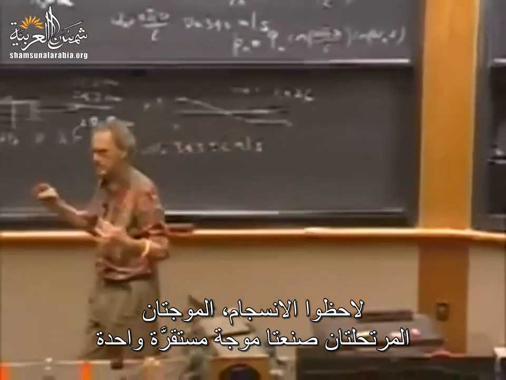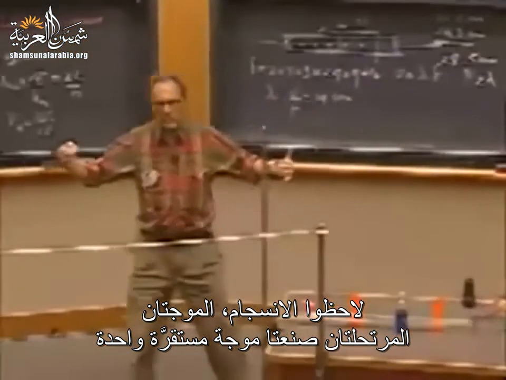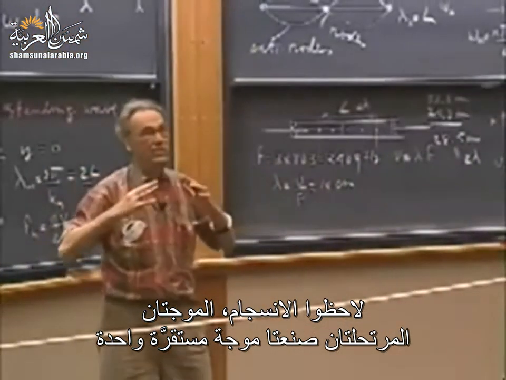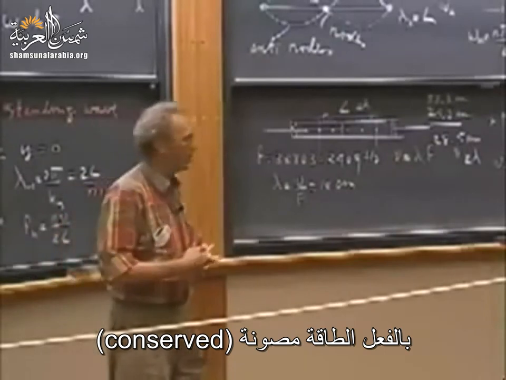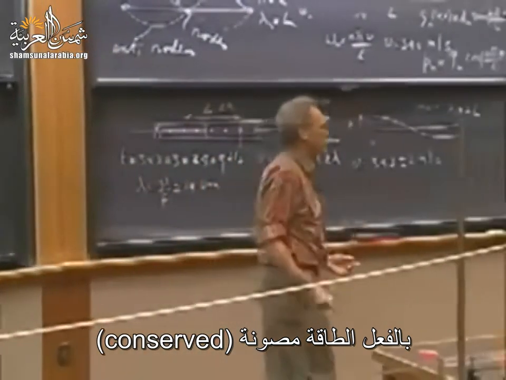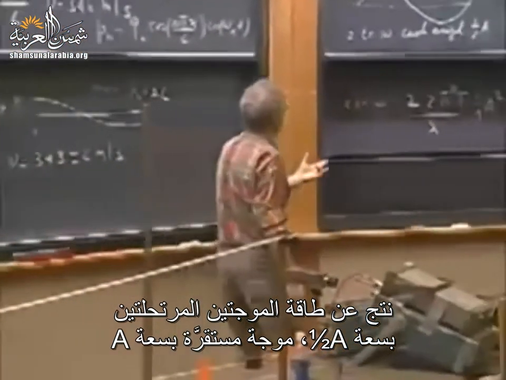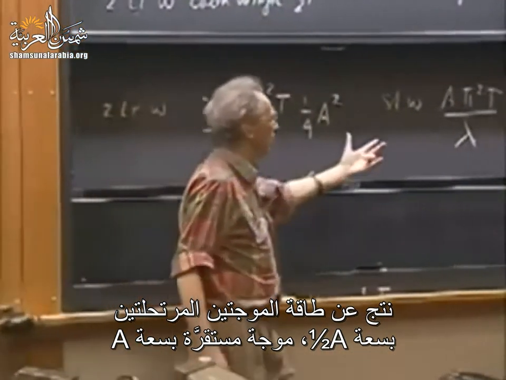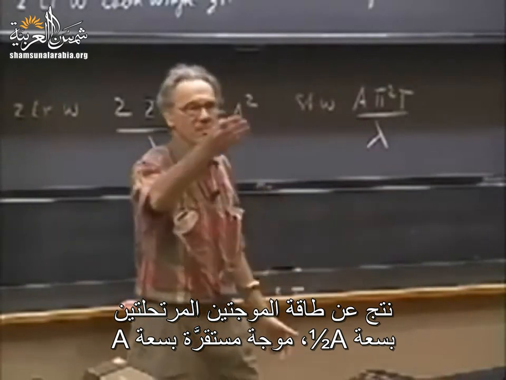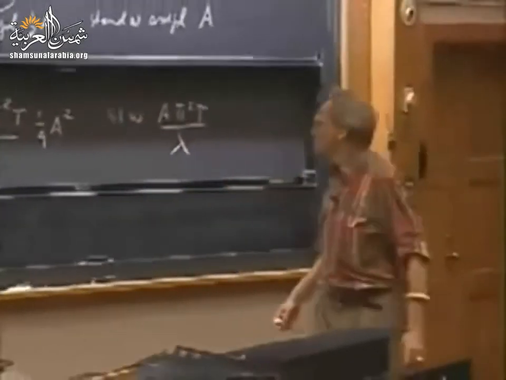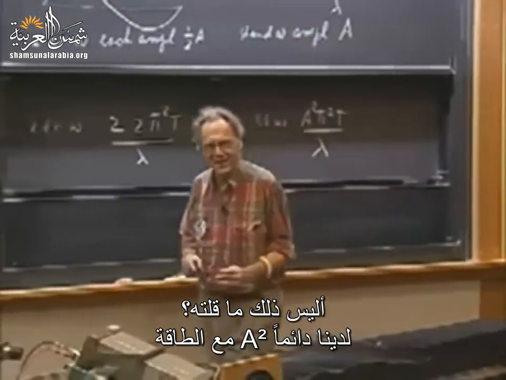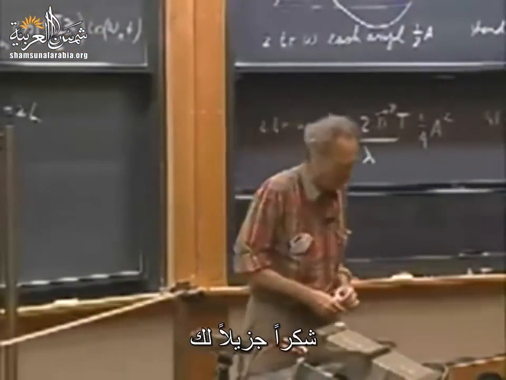So you see the consistency, I'll give you a chance, that two traveling waves making up one standing wave, in the exercise I did earlier, that indeed energy is conserved. The energy in the two traveling waves with half the amplitude gives you then a standing wave with A. Yes? A squared. Thank you very much. Always A squared. And what I said, energy is always A squared.